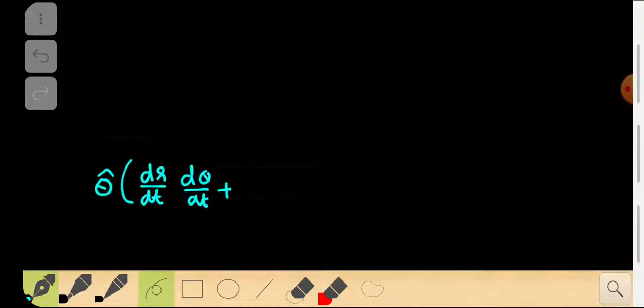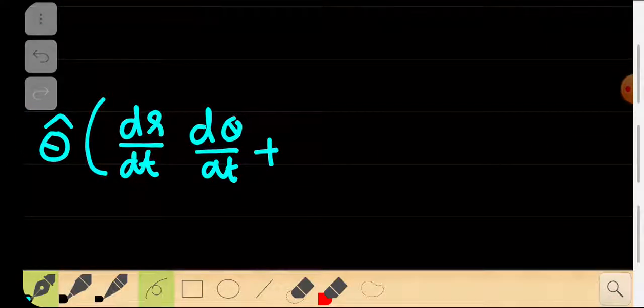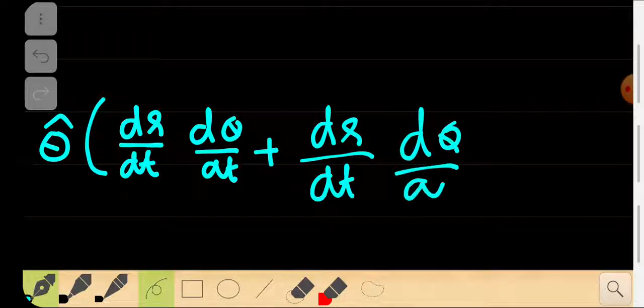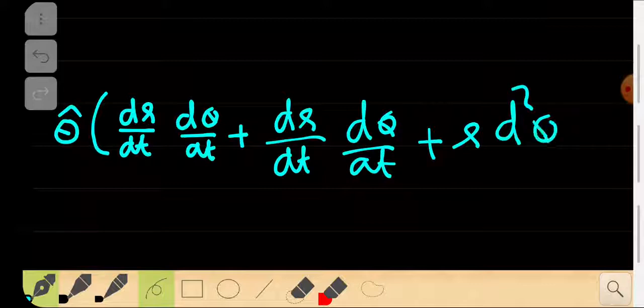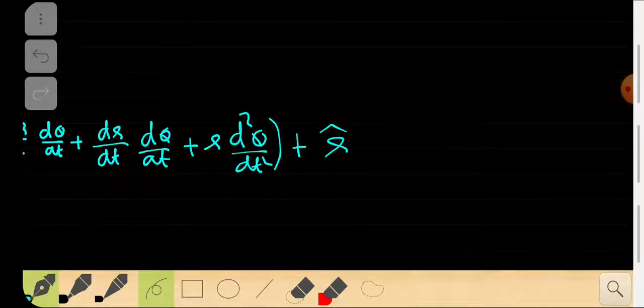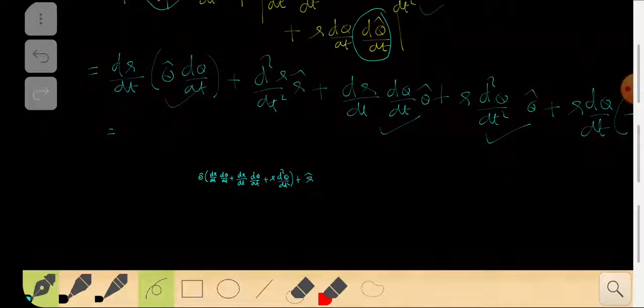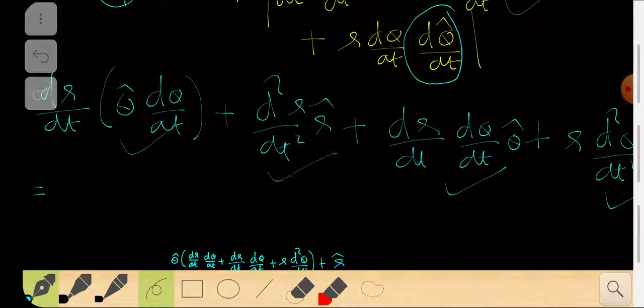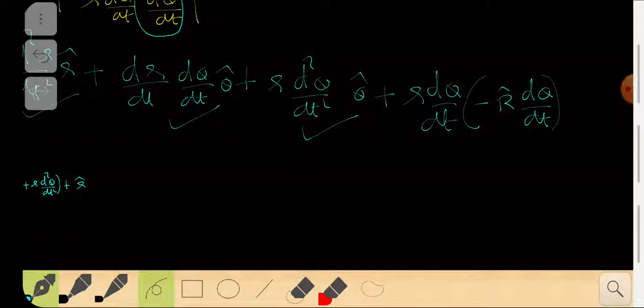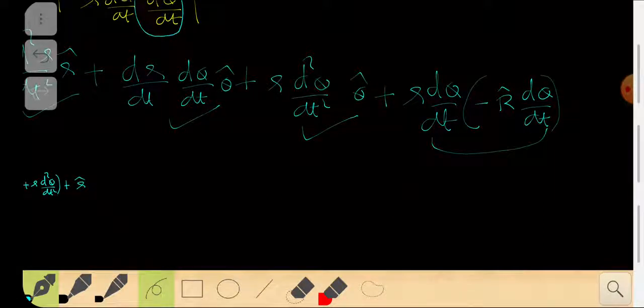Let me write it down with some clarity. Again dr/dt times dθ/dt, 2 times that, plus r times d²θ/dt². That's what I have in the theta cap axis. Now in the r cap axis I have d²r/dt², and then r times dθ/dt the whole squared, with a minus sign.